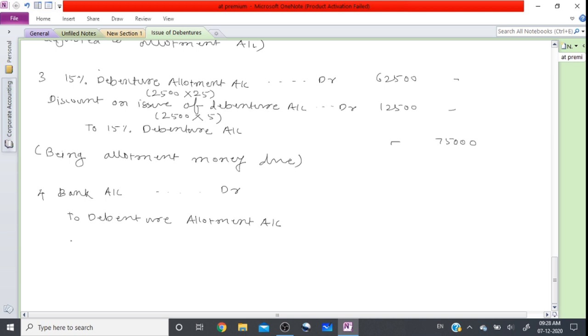So combined entry we have to pass here. To debenture calls in advance account.